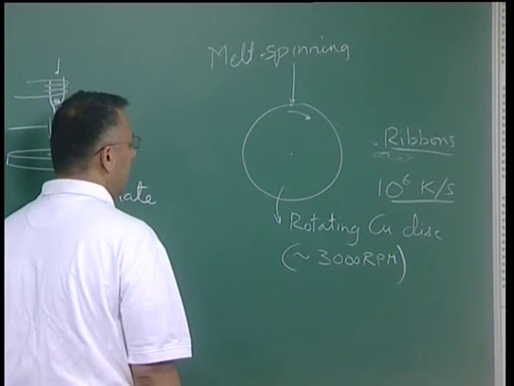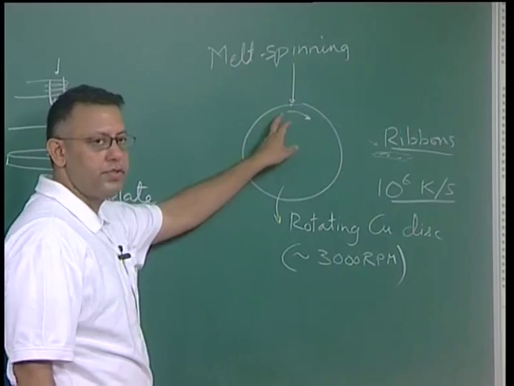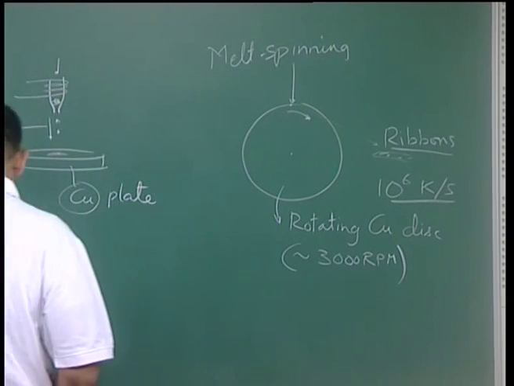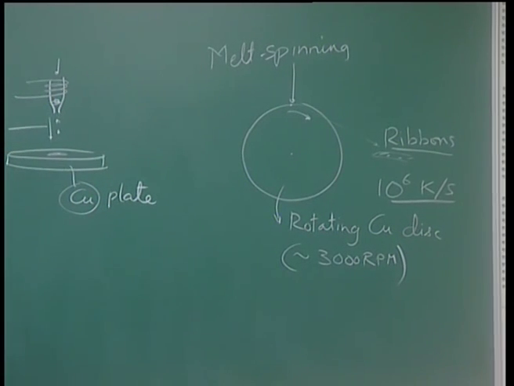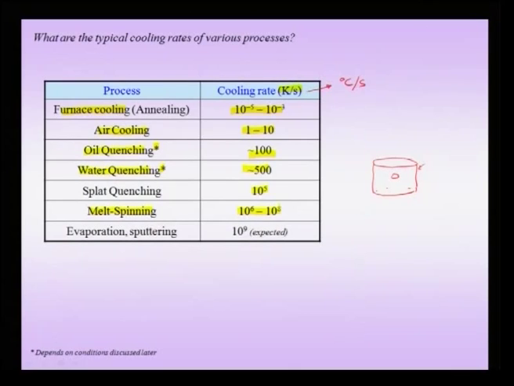So, this is my rotating copper wheel on which I throw a jet stream of metal, and I can get very high cooling rates. If the cooling rate is very, very high, for certain compositions you will not even obtain a crystalline product, you may obtain an amorphous product.